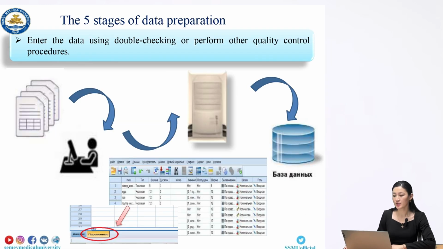The fifth stage, entering numerical data. At the fifth stage, numerical values are entered either manually or automatically. There are many programs designed for data entry and storage on a computer, and most of them are quite similar in function. Most statistical packages allow data to be entered directly into the program.